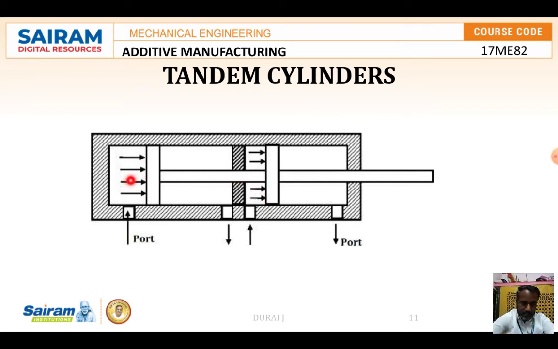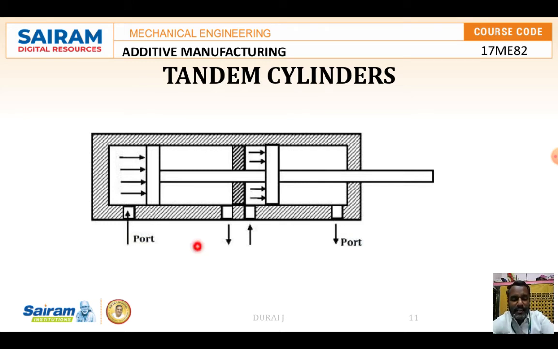So it tries to push towards the right side. At that time, whatever fluid is in this chamber gets drained via this port, and here it is drained via this particular port. When it reaches the maximum, or at a particular place where we want to stop, we can stop it.